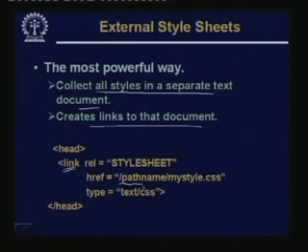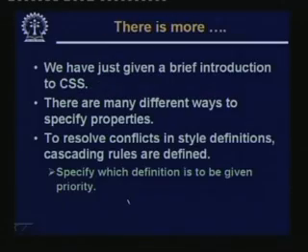So, you can specify in which file this style sheet is mentioned. Of course, type is text CSS. These are some optional parameters you can give, but this is how you can specify. Once you give it at the beginning, after that you can give your HTML document and description after that.